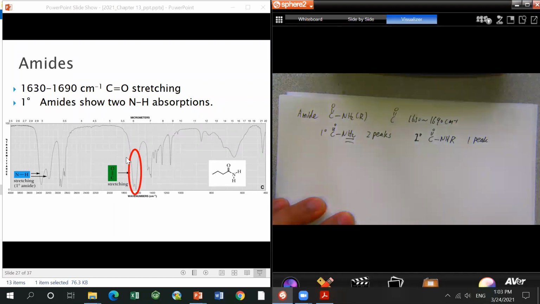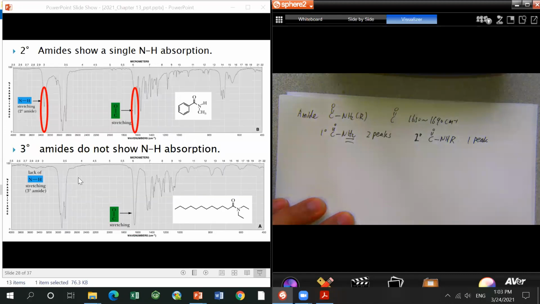For the amide you should see the carbonyl stretching and also the CN bond stretching. For the secondary amide case, only one peak. The example showed is N-methylbenzamide. There's only one H, the NH, so in this case you should only see one peak.